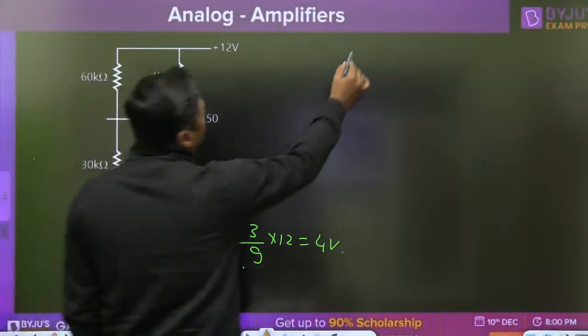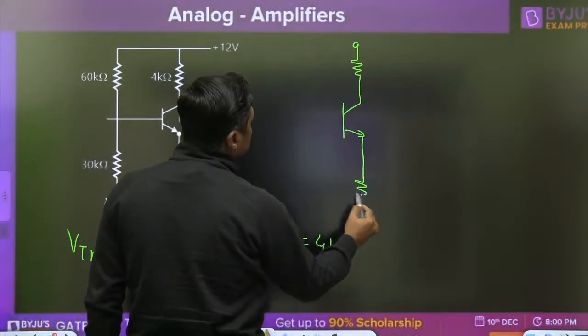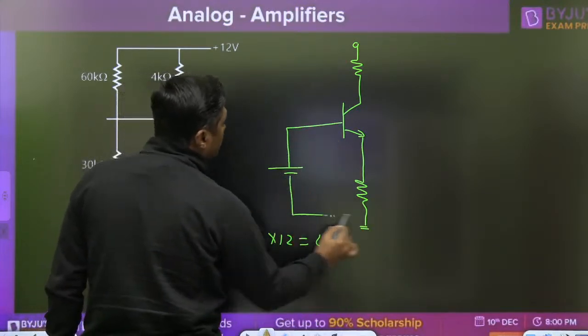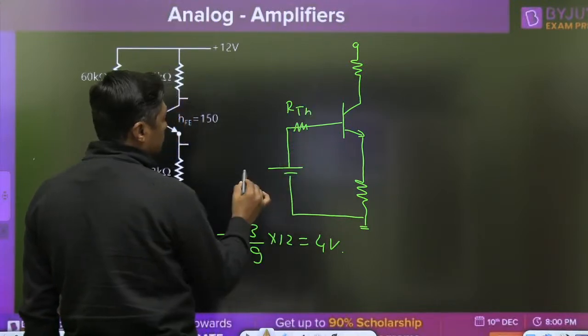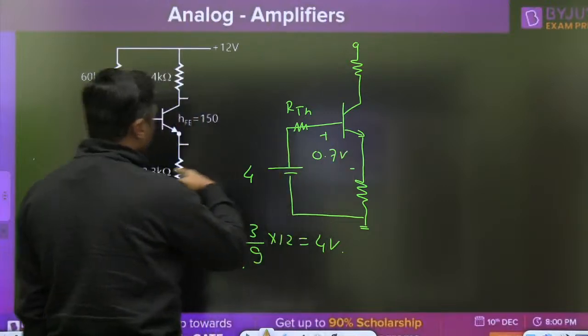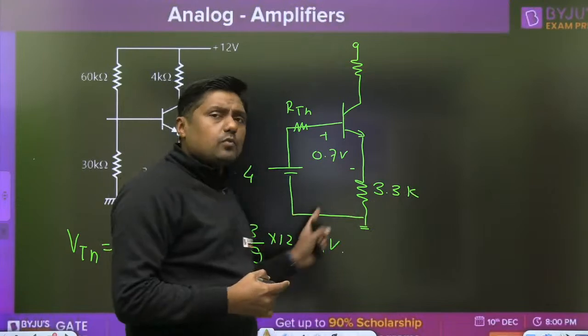Once you get the 4 volt, there is no need to calculate the RTH because the base current is 0. This voltage is 0.7 volt, and what is the RE? 3.3 kilo ohm. Similar type of question.